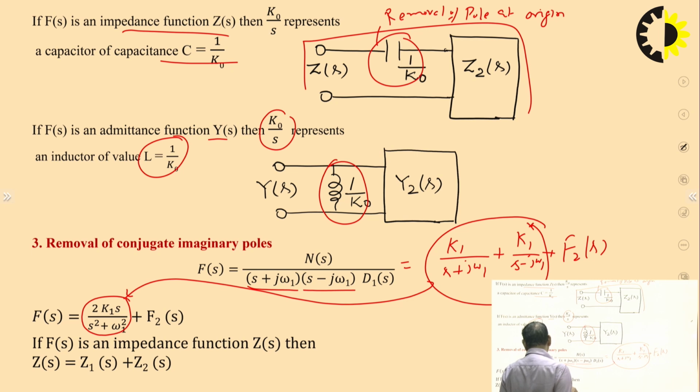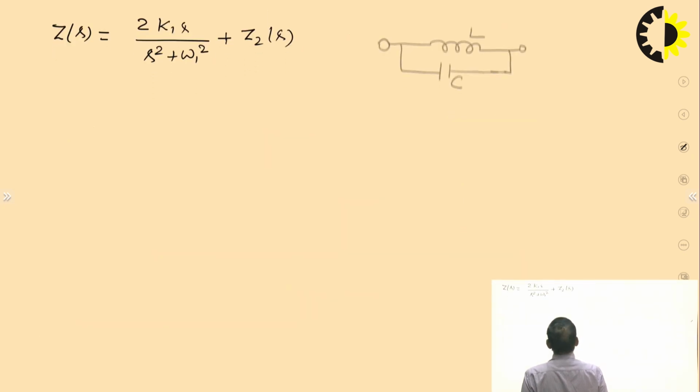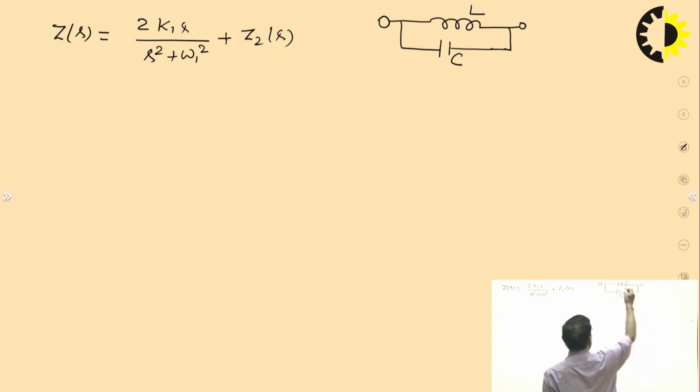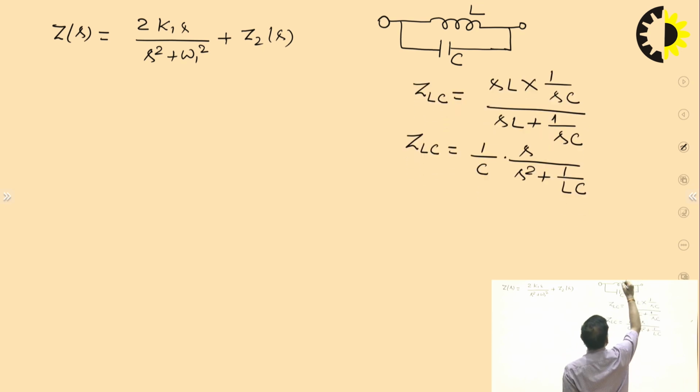So suppose the function is an impedance function. What does 2 K1 s upon s square plus omega 1 square mean? It means this is an LC tank. We take the admittance of this, so sL and 1 by sC. In the s domain, it is sL into 1 by sC upon sL plus 1 by sC, and we get this.